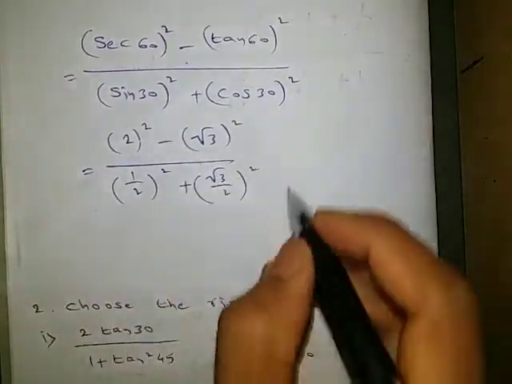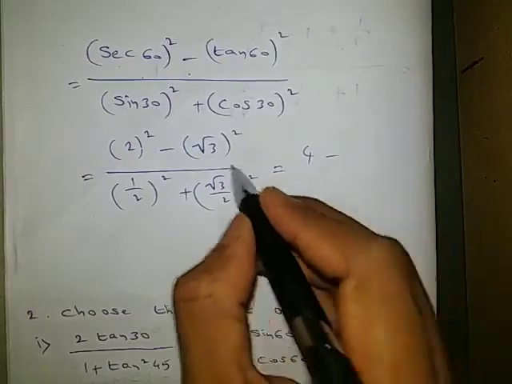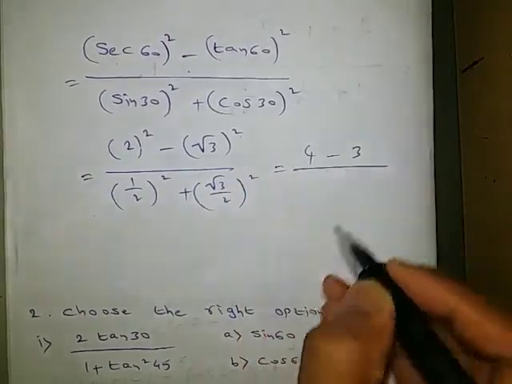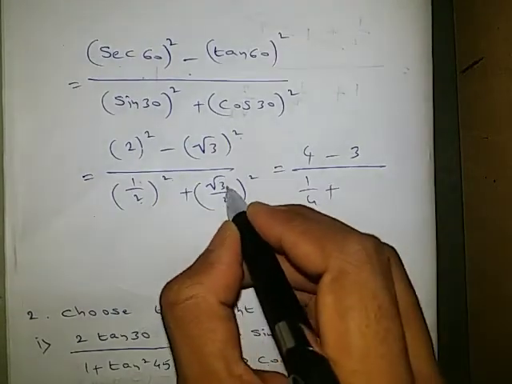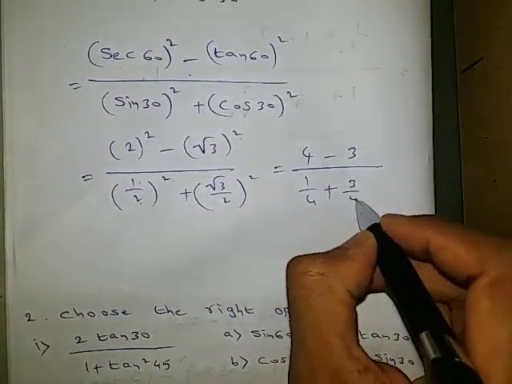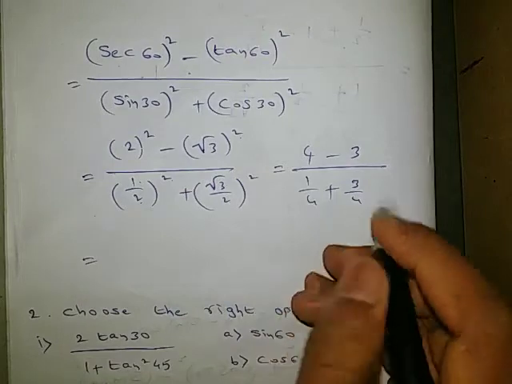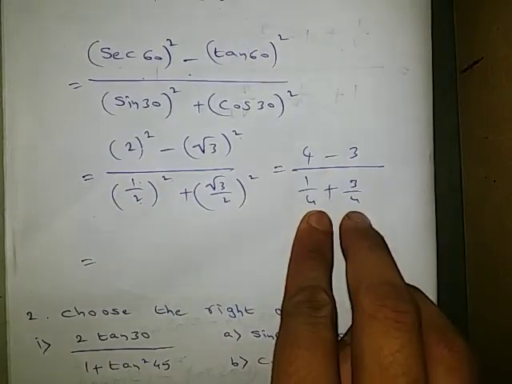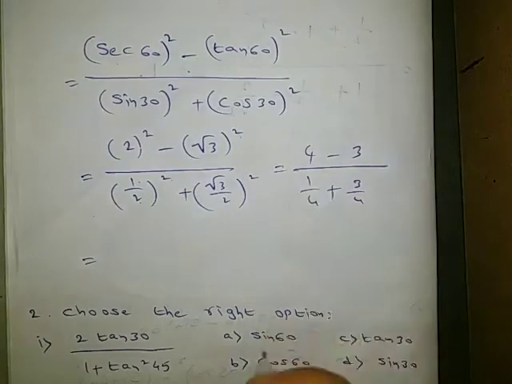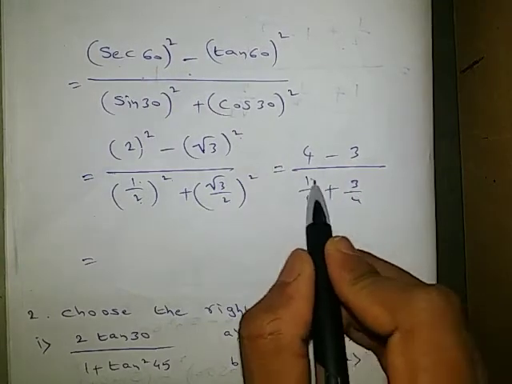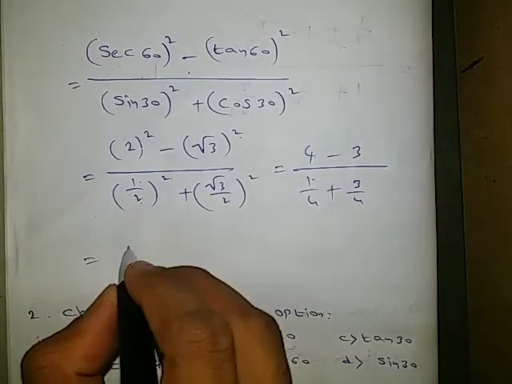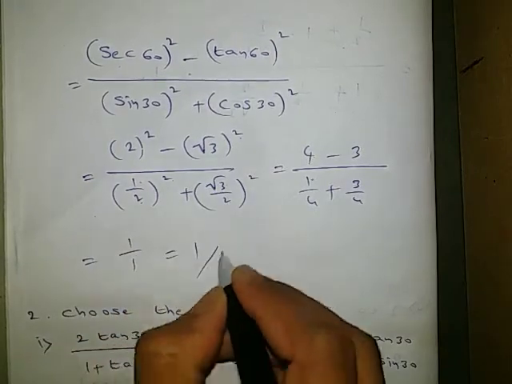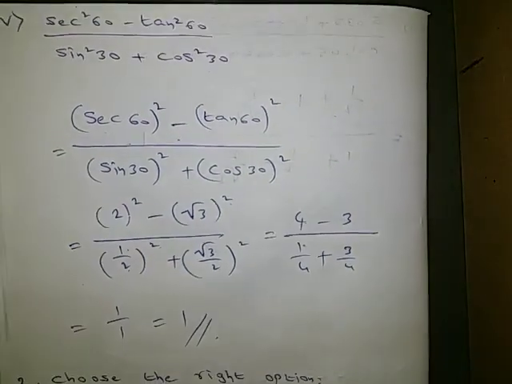Now 2 square is 4 minus root 3 square is 3, divided by 1 by 2 whole square, 1 by 4, plus root 3 by 2 whole square, 3 by 4. Here in the denominator these two denominators are the same, so if we add, we get 1 plus 3 over 4, that is 4 by 4. Numerator 4 minus 3 is 1, so we get 1 by 1. The final answer is 1.